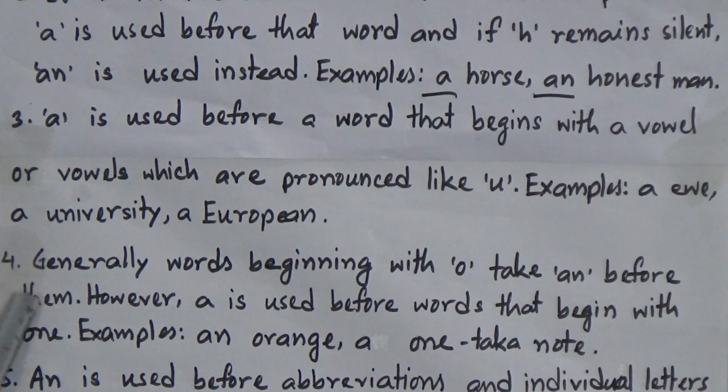Now rule number 4: generally, words beginning with O take AN before them because O is a vowel sound.